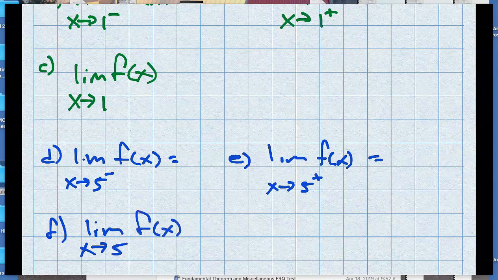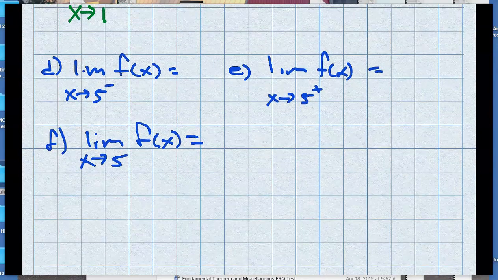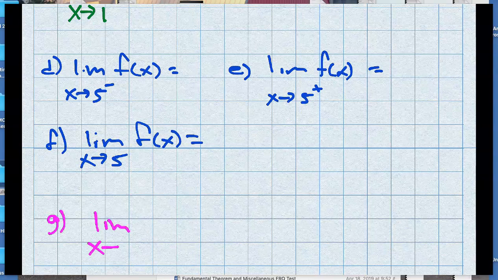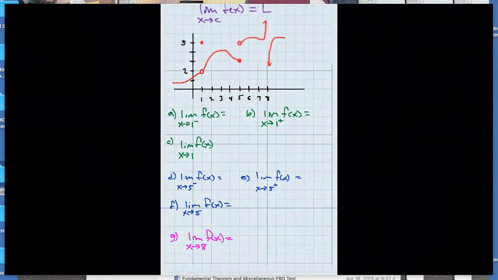And then let me just ask in part G, what's the limit as x goes towards 8? Okay, so we're going to ask these 3 things, these questions based on those 3 points.